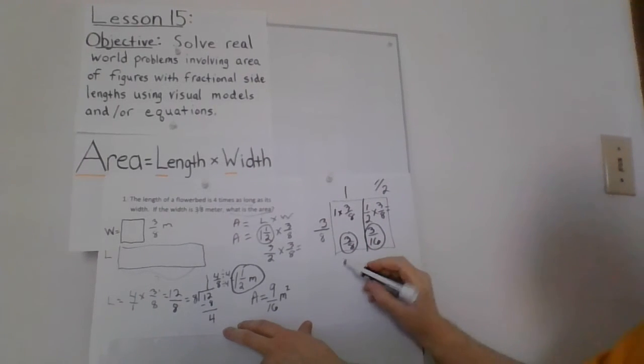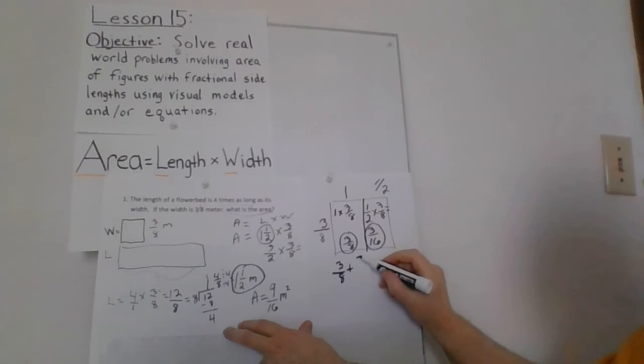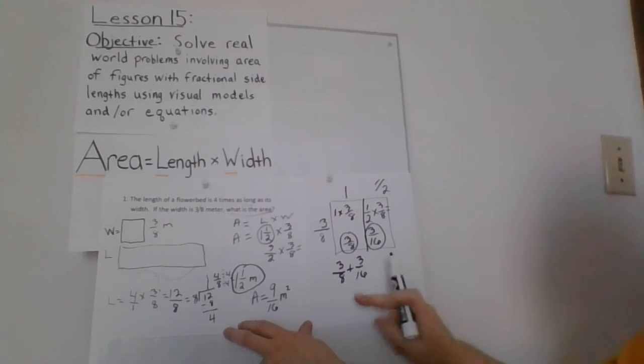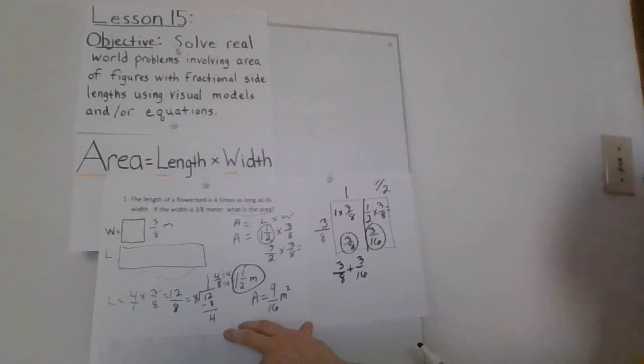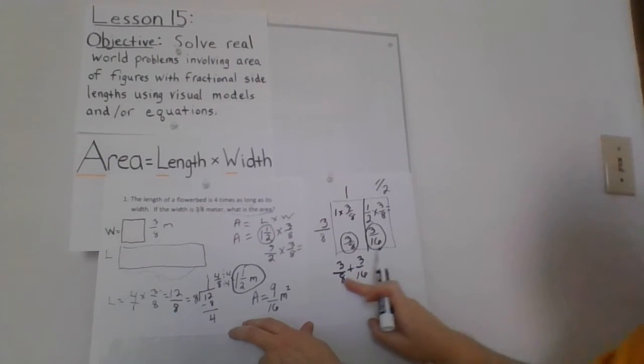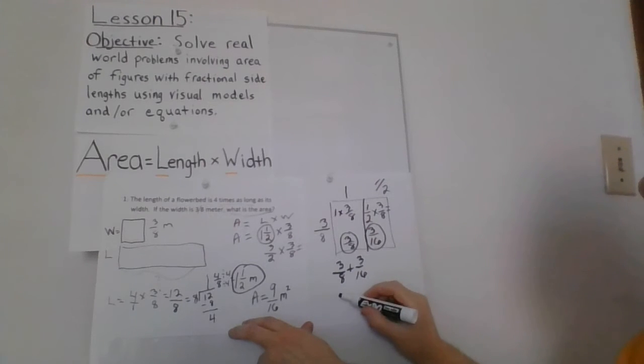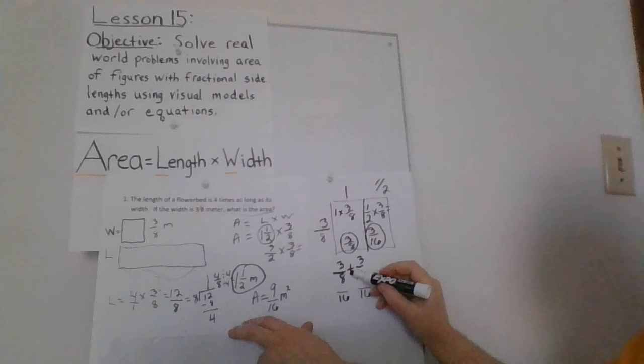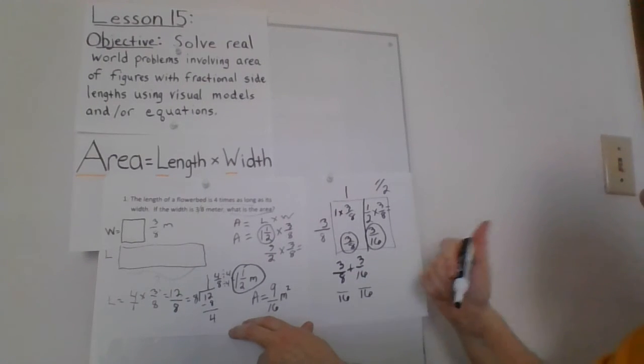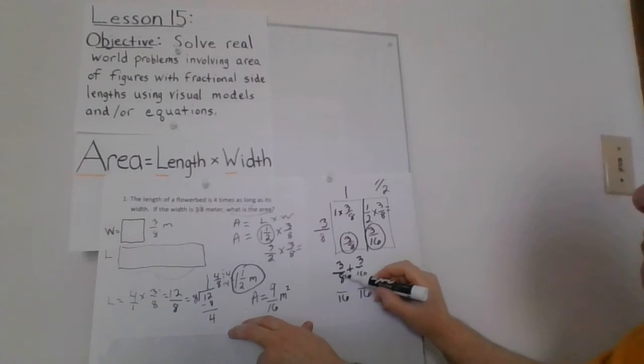Now I have to take both of these two fractions and add them together. I can't add these together until I find a common denominator. So if I do my multiples of 8: 8, 16. I know 8 goes into 16 two times.